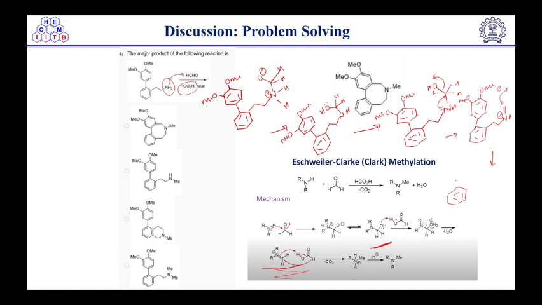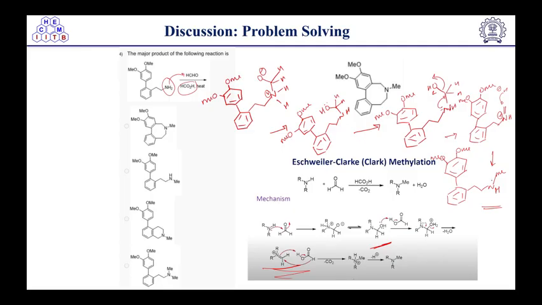So we will get here, okay, methylation. So the N-methylated product will be observed here. Now after getting this one, we have to repeat the same thing again.